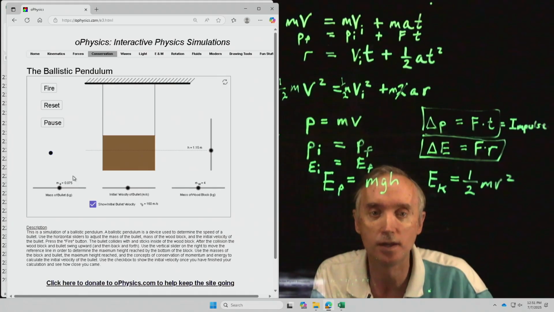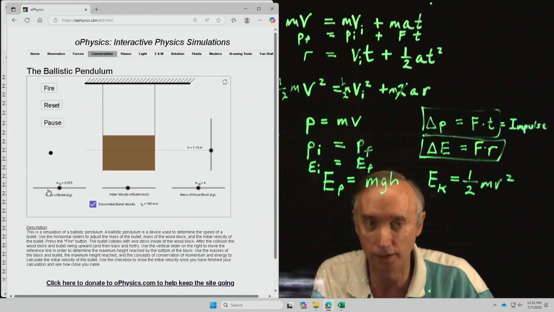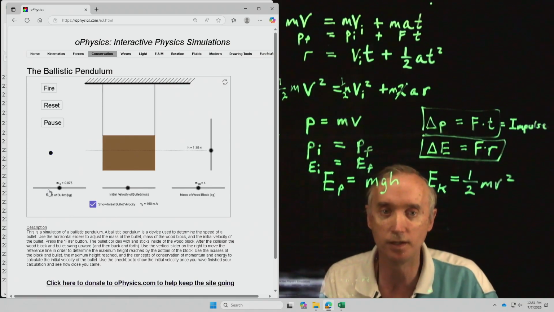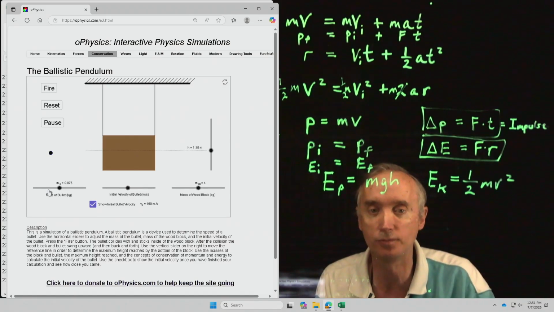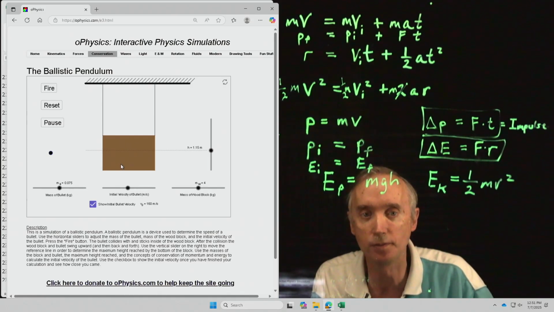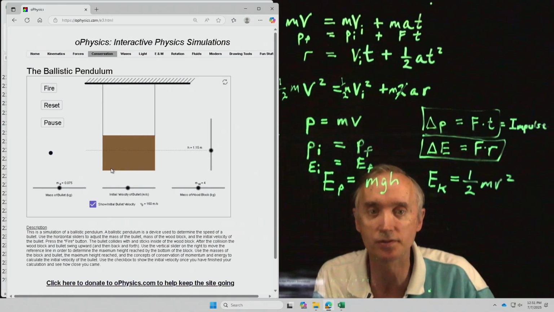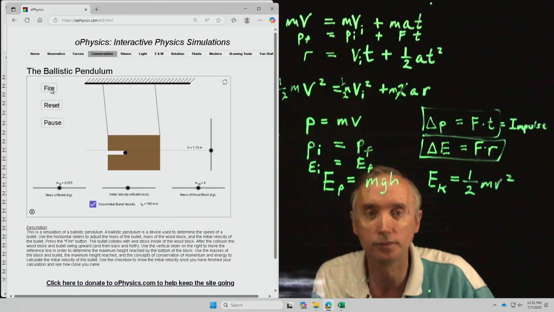This has to be in kilograms because the kilogram is the official metric unit for mass. And then this is the block, and it tells you the mass of the block. So you can change the mass of the bullet and the mass of the block. Let's go ahead and hit the fire button.